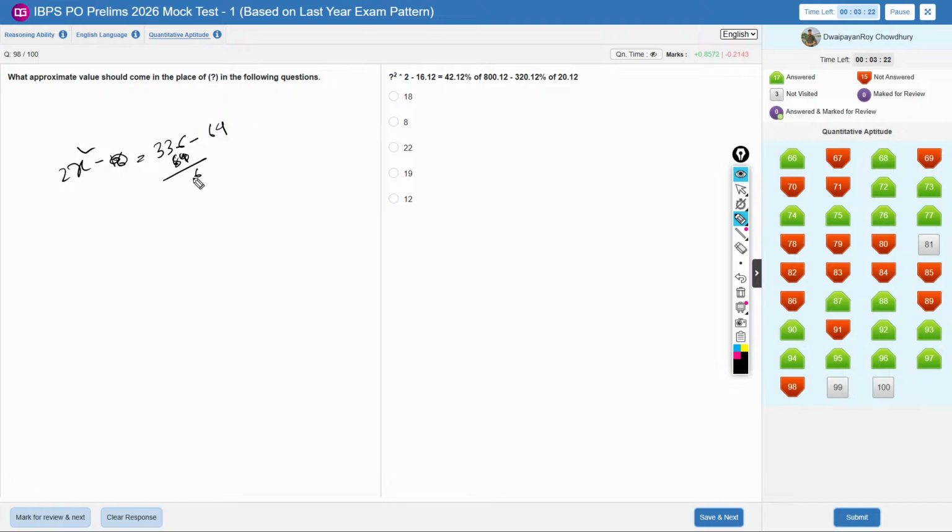So 6, 5, 2. Oh no. I think I did it incorrect. Yeah, surely. So it was supposed to reduce it by 16. That means to 48 and 289 something. So 17. Still not in option. Shall I skip it now?